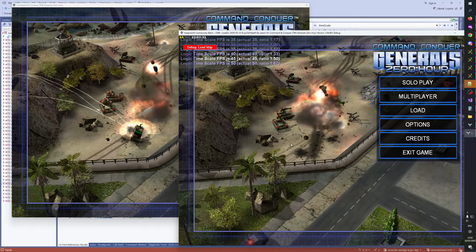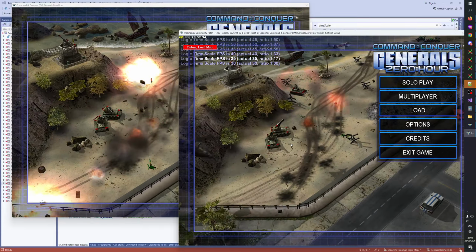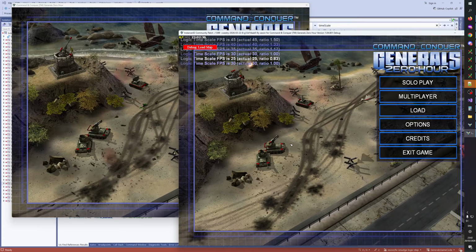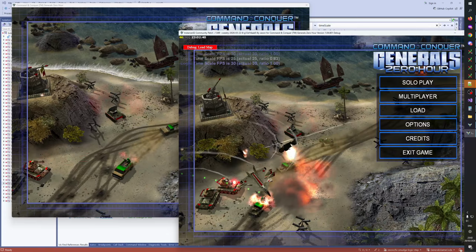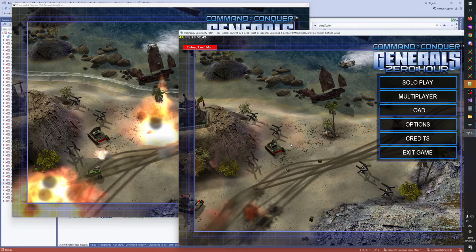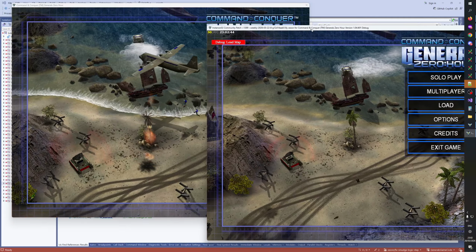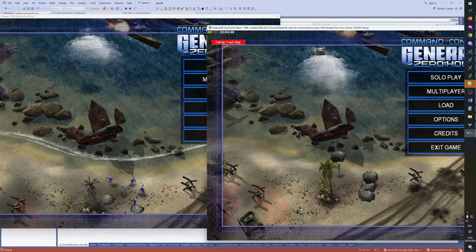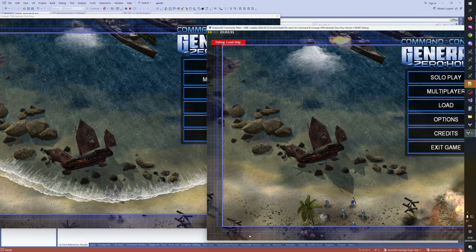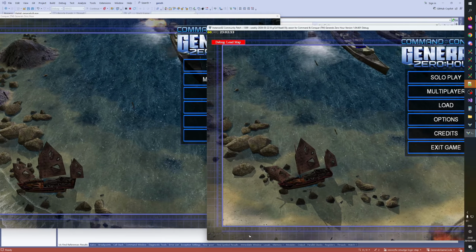A bit more. Okay, they're pretty close now, right? So let's take a look. Unfortunately, the screen is not large enough to see both games. Okay, but it should be good enough.